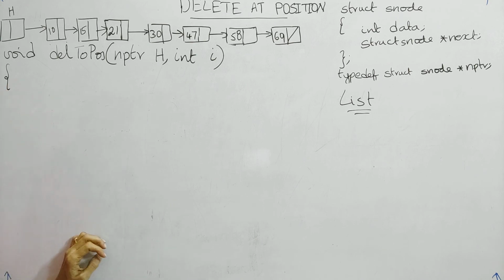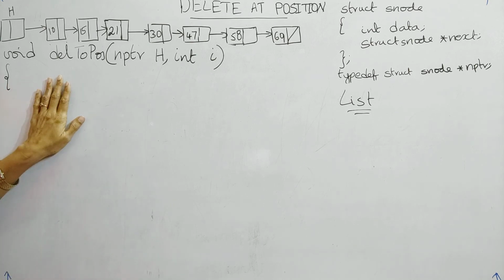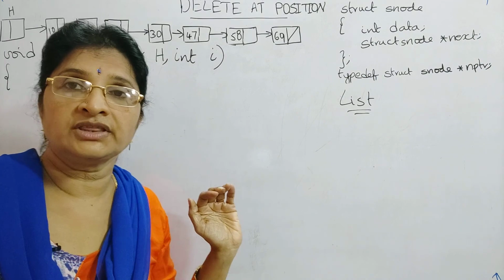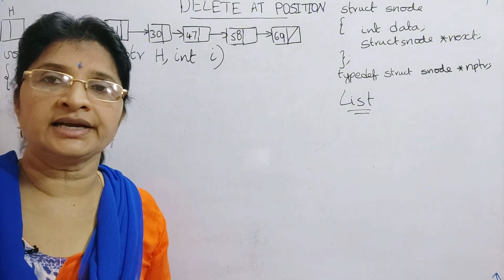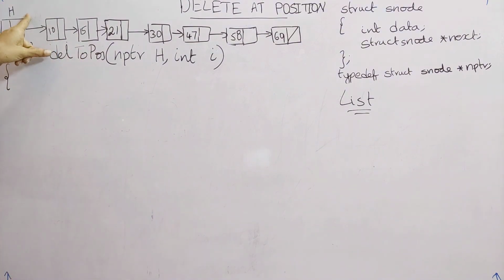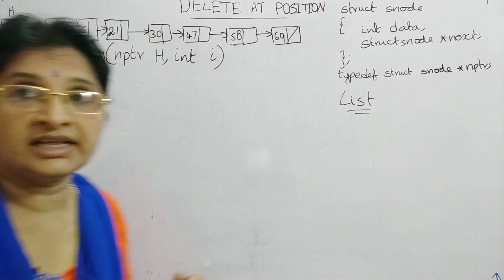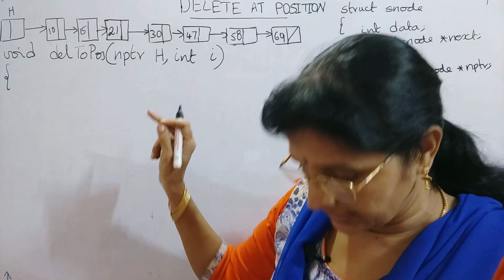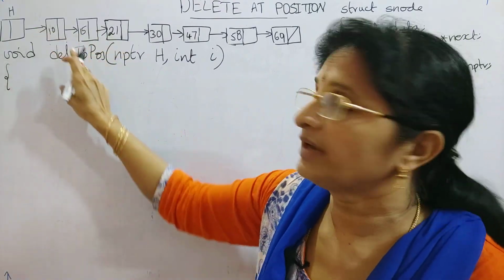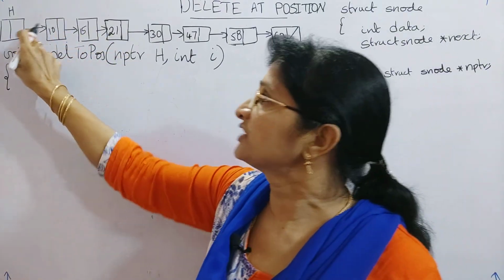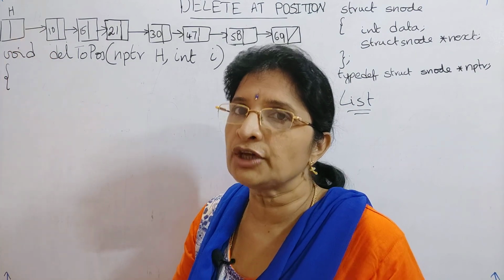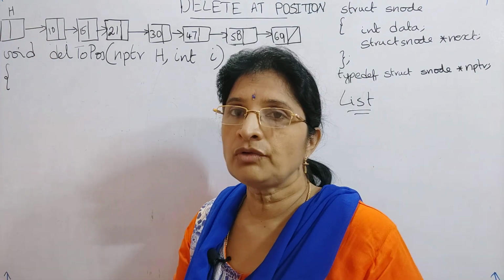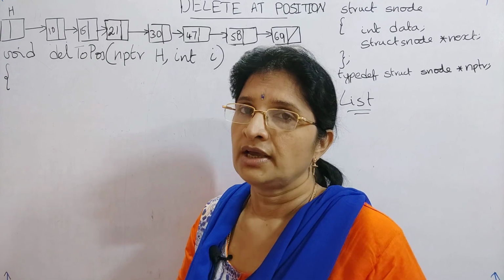So now I will write the function. Whenever you are working with pointers, always here in the singly linked list, the header node is the starting node address. The header is the starting of your linked list. So it contains the first node address. Suppose if you do by mistake something wrong to the header node, then you will lose your list. You lose the total list.